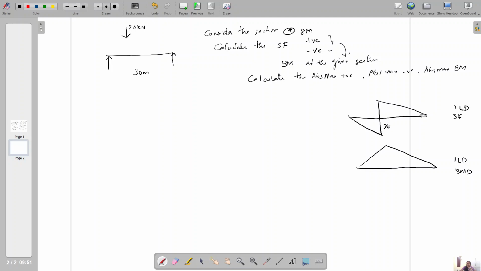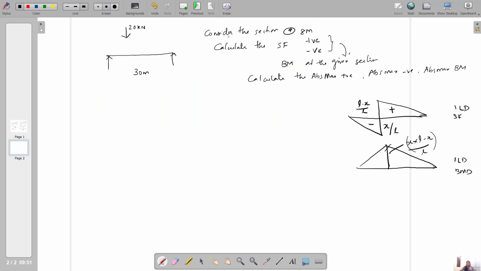The ordinates are x by L and L minus x by L. This is negative shear force, this is positive shear force. Here the bending moment ordinate is x into L minus x by L. The major advantage of the influence line diagram is that we can calculate the ordinates only with the geometric properties. If you have the length of the beam and the sectional details, we can calculate x by L and L minus x.